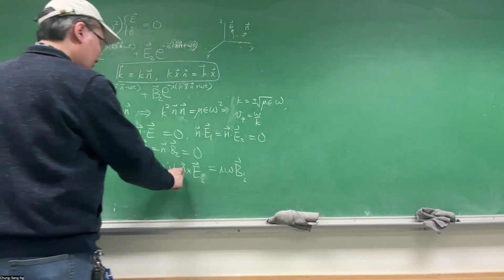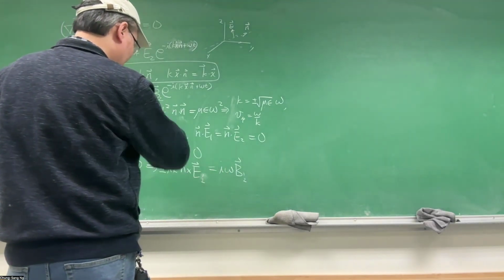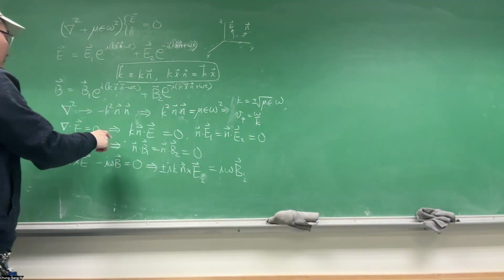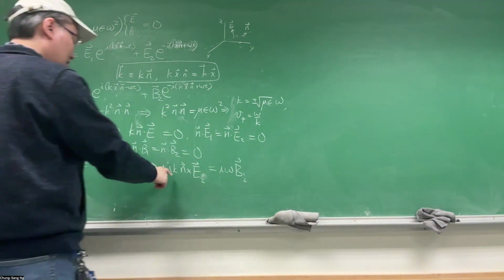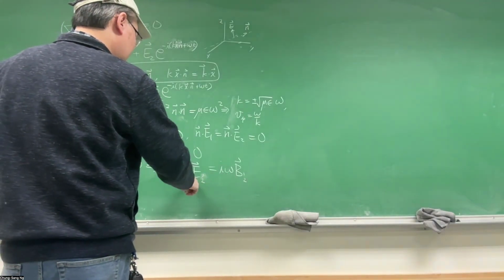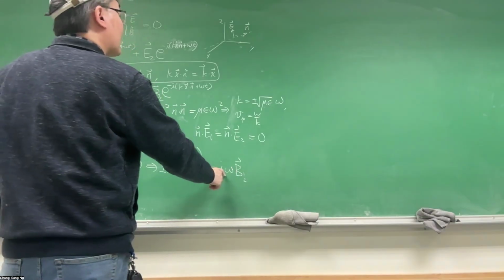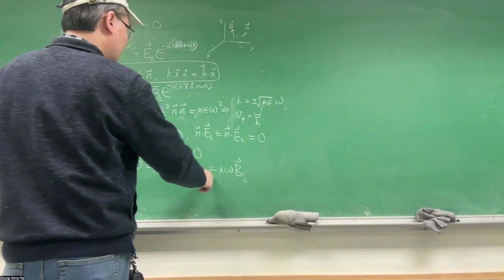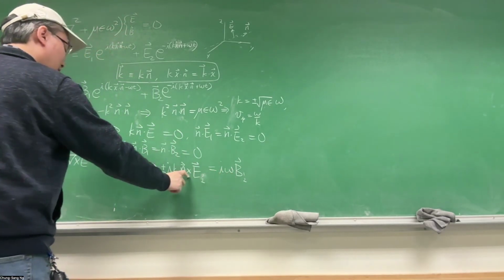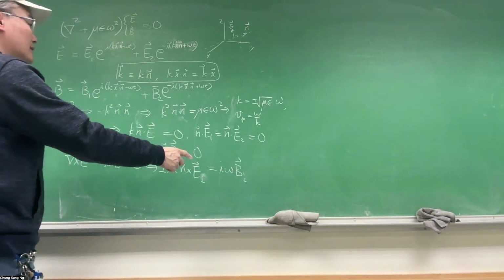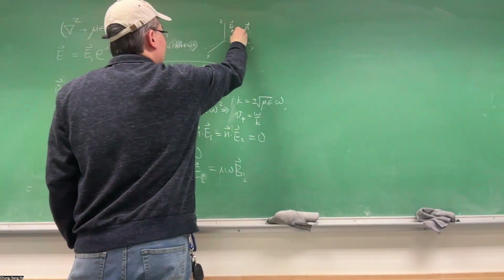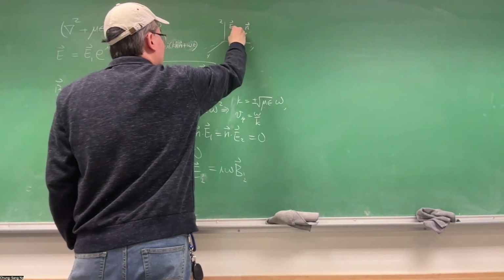Okay, so there's a relationship between the amplitudes of the electric field and amplitudes of the magnetic field. And both these magnitudes are perpendicular to n, but then B is also perpendicular to E because it's related to n cross E. So B is also perpendicular, but it's hard to draw in here. So you draw B in here.